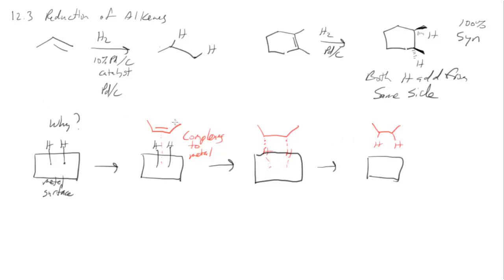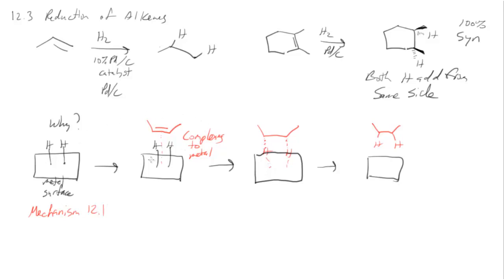So because of this, the alkene has to approach the metal from one direction or another, and the hydrogens that are all sitting on the surface will have to add to whichever side approaches. So it can come in from the top or from the bottom, but whichever way it comes in, both hydrogens always have to be added to the same side. And if you want to see a better picture of it, you can look at mechanism 12.1. That shows a nice graphic of how this works.